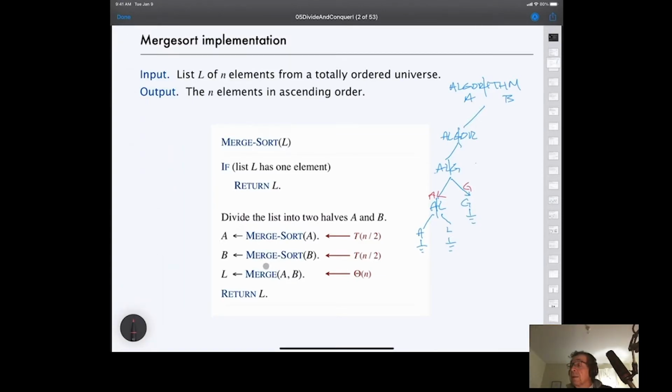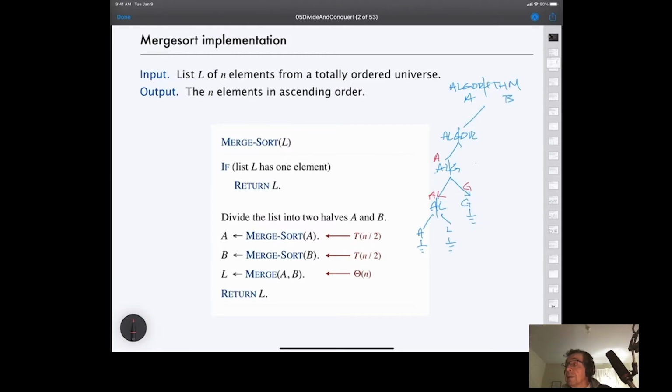So when we go to the merging step, we are already back from the two recursive calls. So we have the results for the left part and the right part, and we're ready to merge. We begin by comparing A against G, which is smaller. Well, A is smaller. Then we compare L against G, which is smaller.